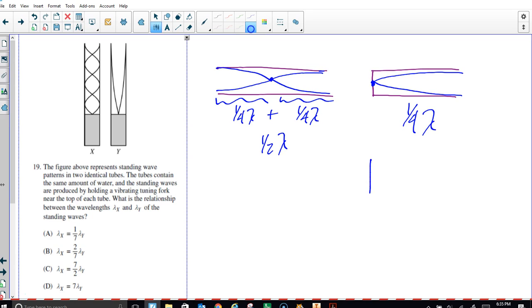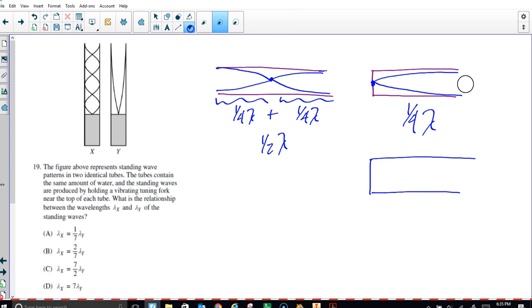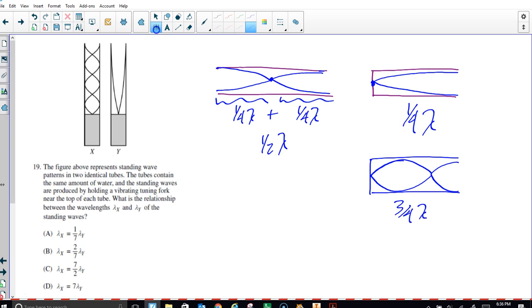The next harmonic, the next standing wave you're going to get out of that same pipe, let's make it the same length, is going to be one that looks like this. It's going to be a half a wavelength, and then a quarter, like so. So the next one is 3/4 of a wavelength, and so on and so forth.